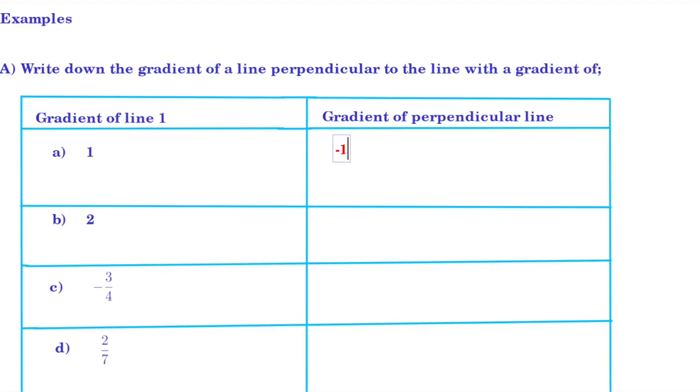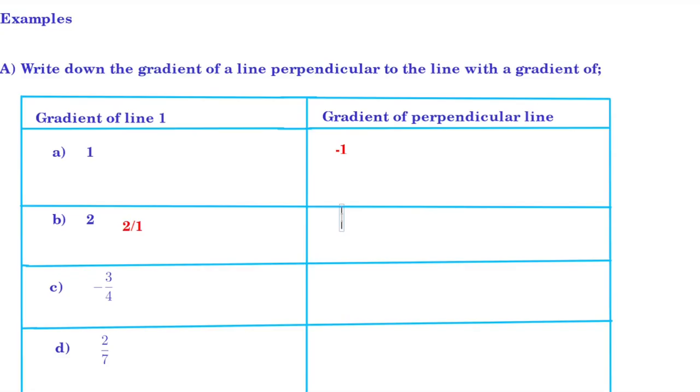Number B. What is the gradient of the line perpendicular to 2? In other words, what number can I multiply 2 with to get negative 1? Just recall that 2 can be written as 2 over 1. And then what's the reciprocal of 2 over 1?